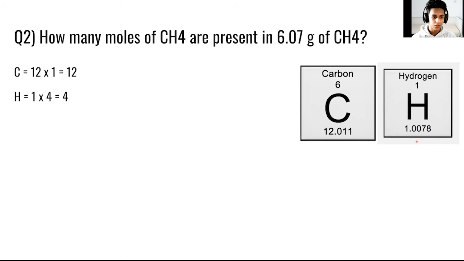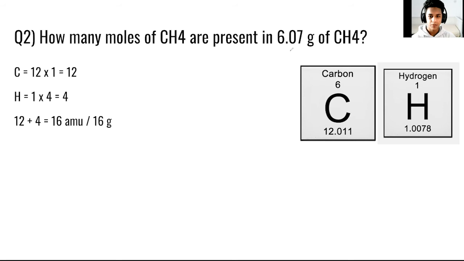Then we will add them together, which will be 12 plus 4 equal 16 AMU, or 16 grams, because we will consider that we have multiplied it by Avogadro's number, and it will give us the same number, but in grams. Now here comes the fun part. We will make cross multiplication to get it in moles, to answer the question.